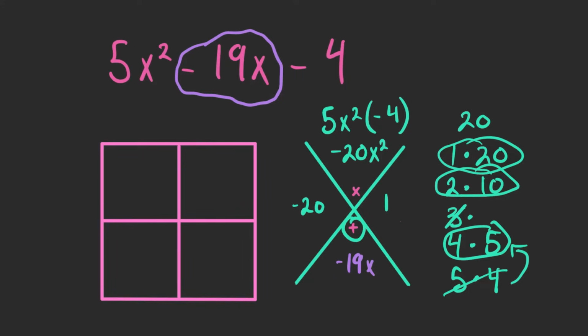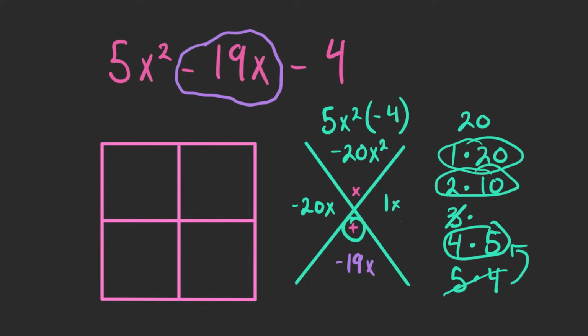And if I add negative 20 and 1, that's going to give me a negative 19. So it looks like we found those numbers. Now make sure you write an x with each of those. So negative 20x and 1x are going to go there.